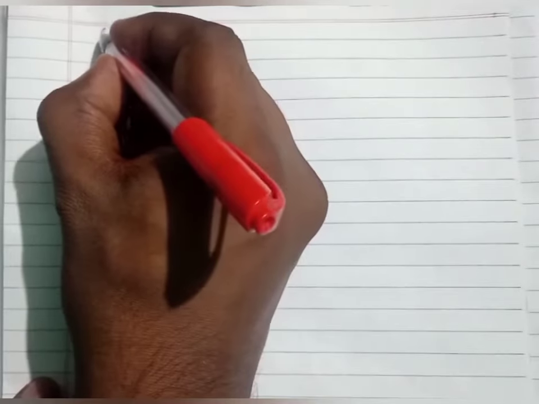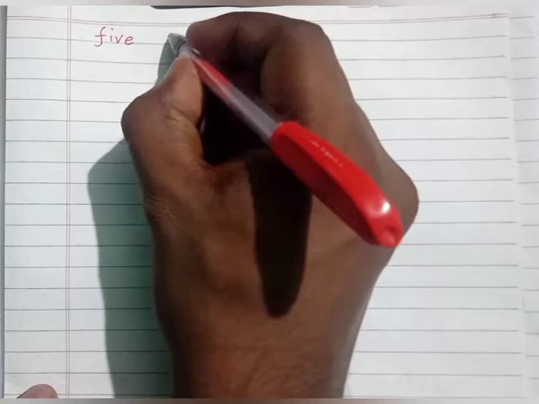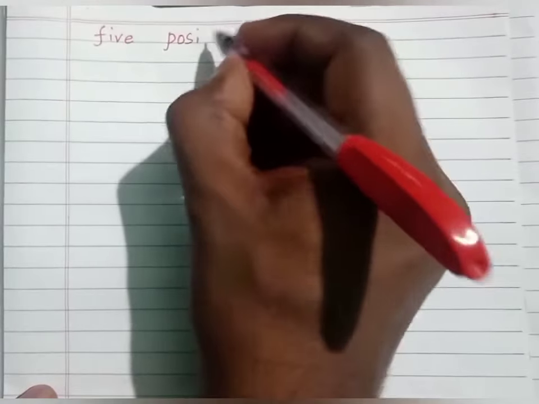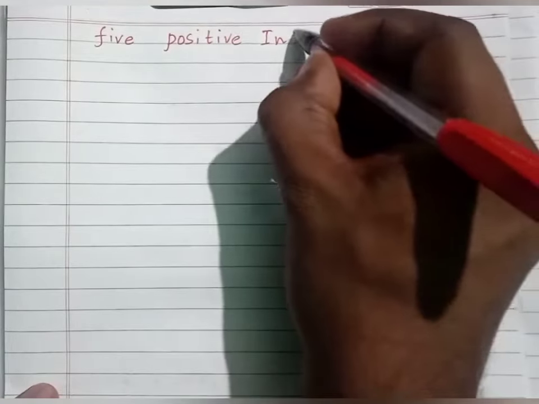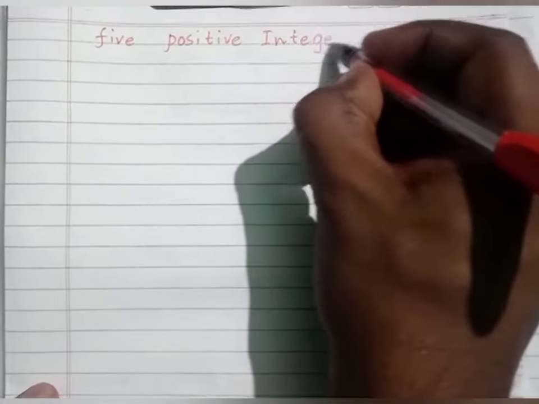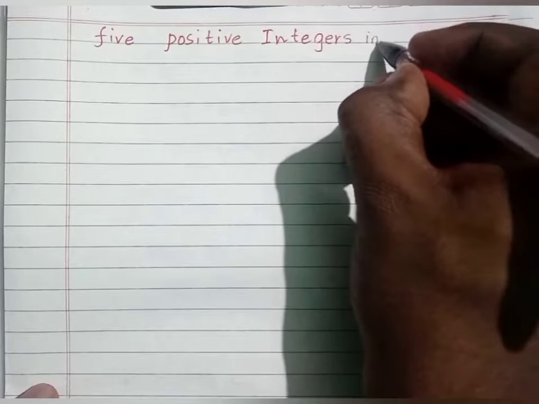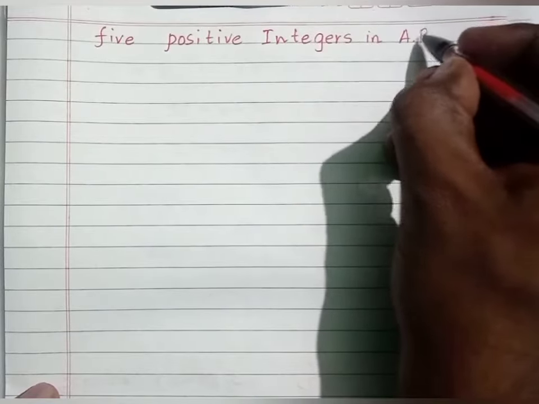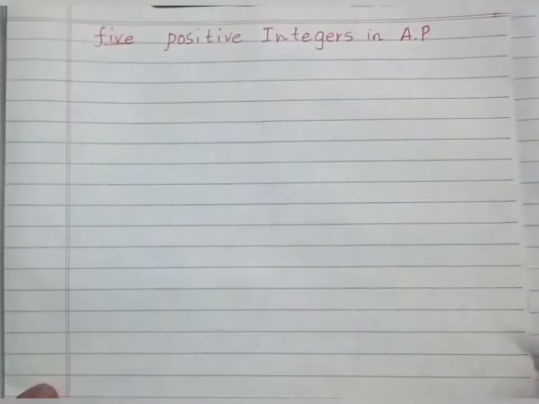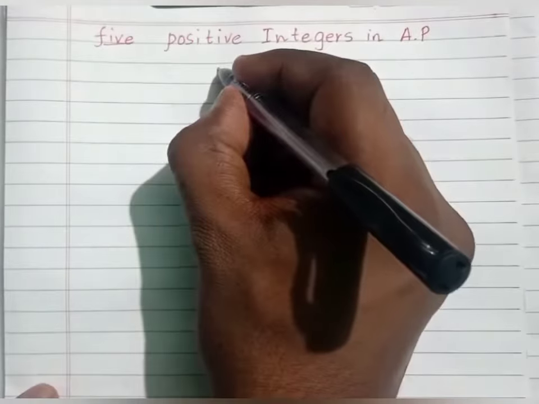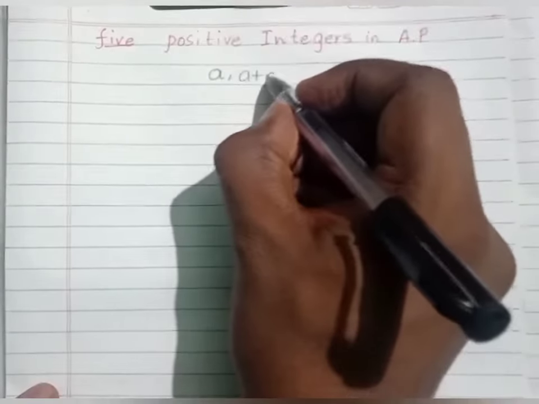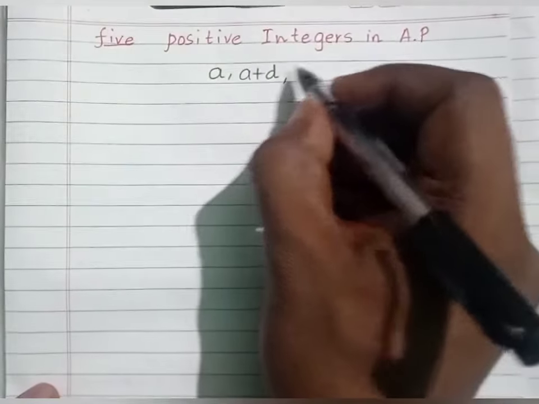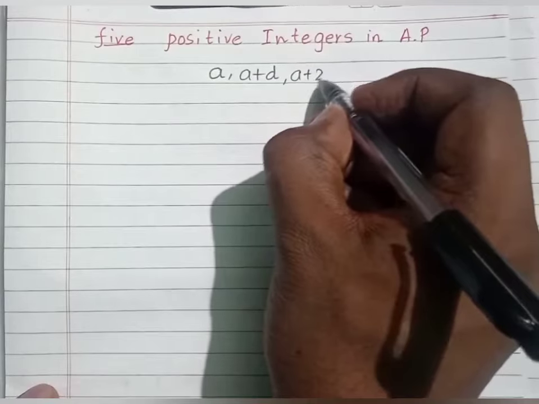So, first question, we need to assume the given 5 positive terms are in AP. Since it is an odd number of integers, we need to assume the AP so that the middle term will be A, and the common difference will be D. So A plus D, then A plus 2D.